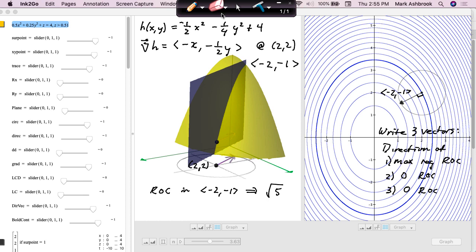Let me rewrite that. It's not very clear. You can scale it.